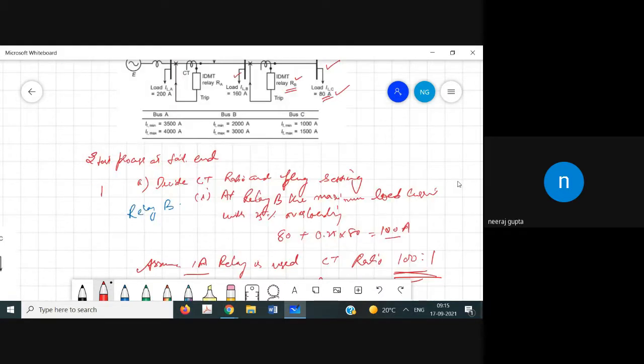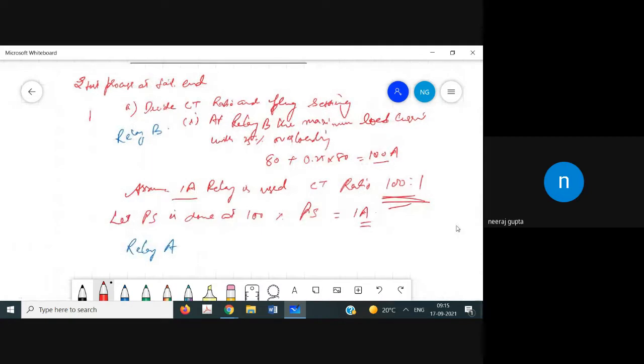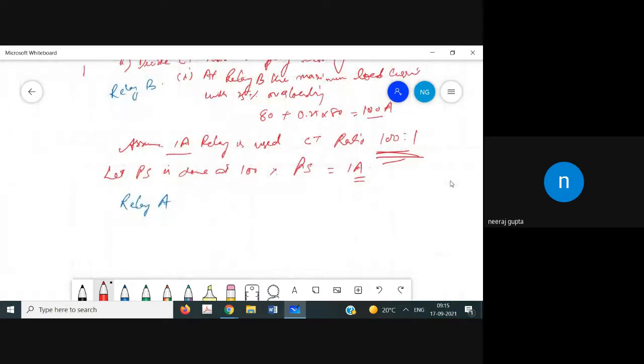That is the maximum load current at relay A, assuming 25% overload.